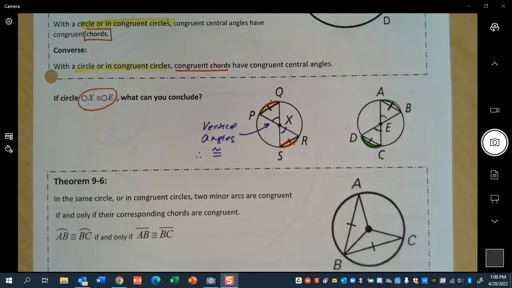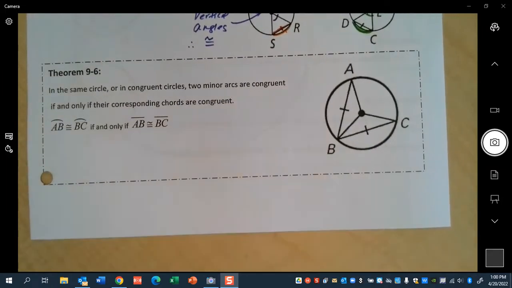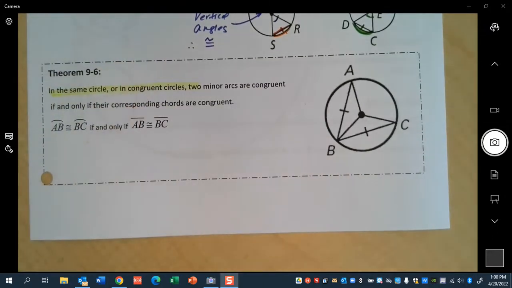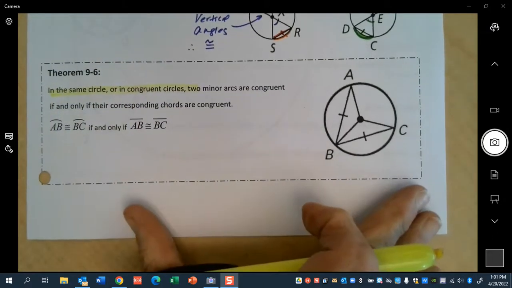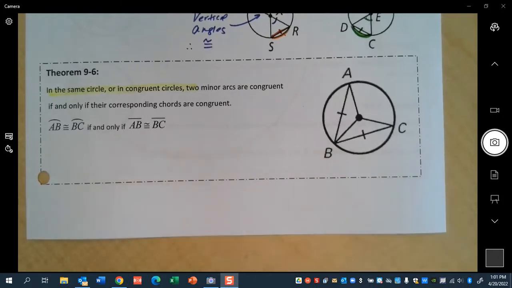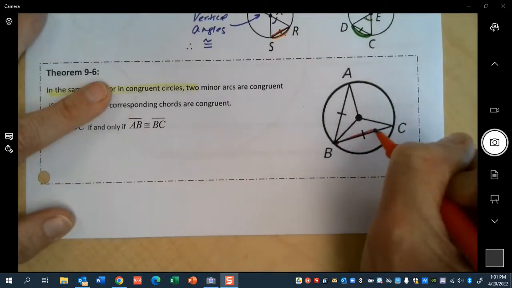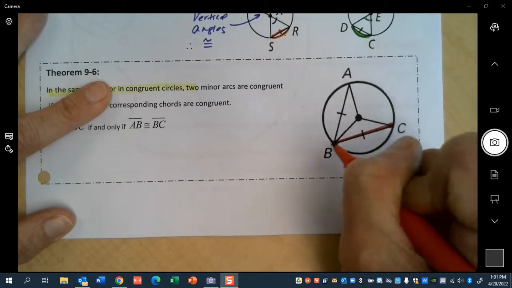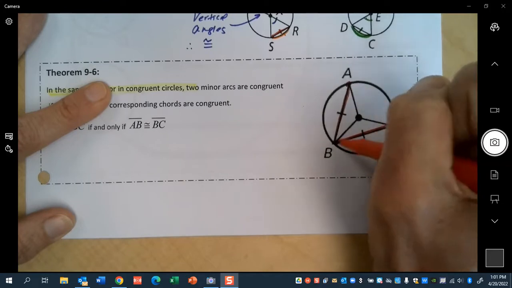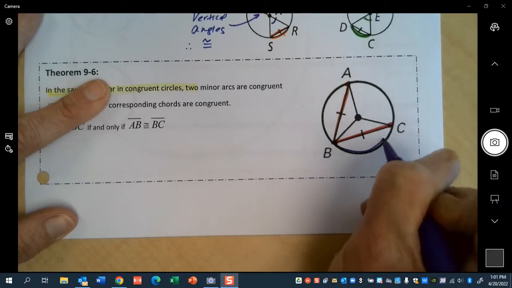All right. So in our next big idea, we have that same phraseology: in the same circle or in congruent circles, two minor arcs are congruent if their corresponding chords are congruent. So once I have this distance that is the same as this distance, then I know right away these two arcs are going to be congruent.